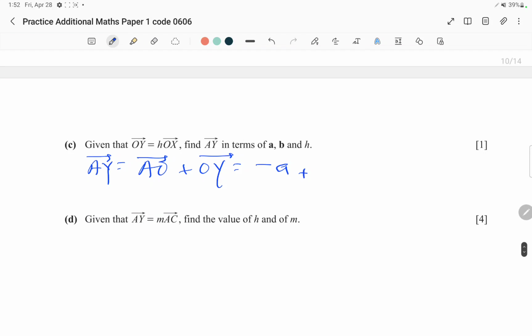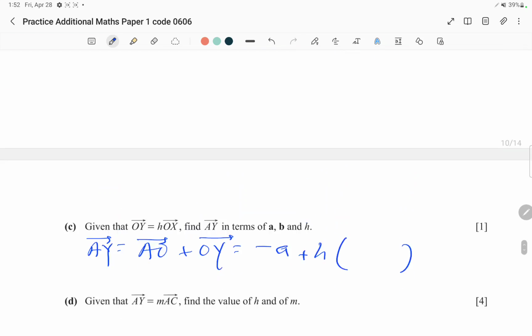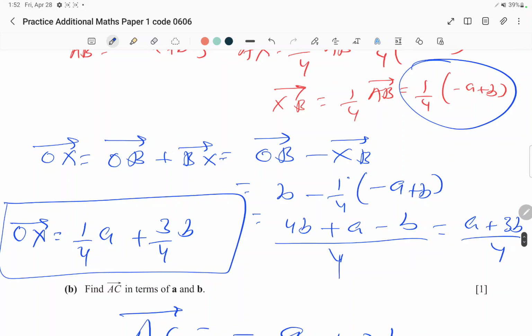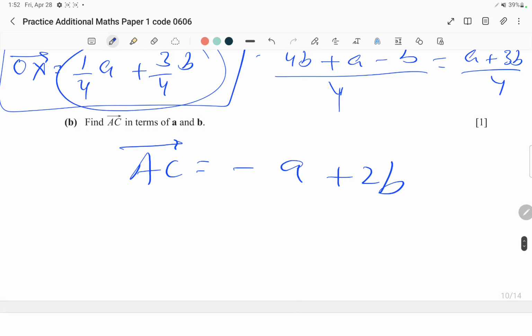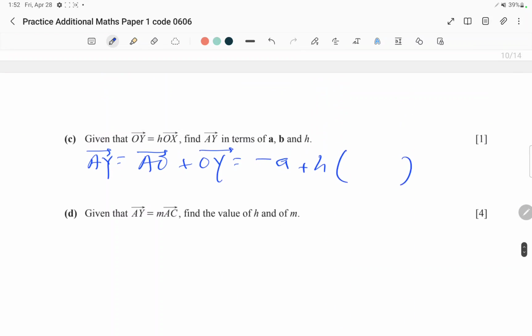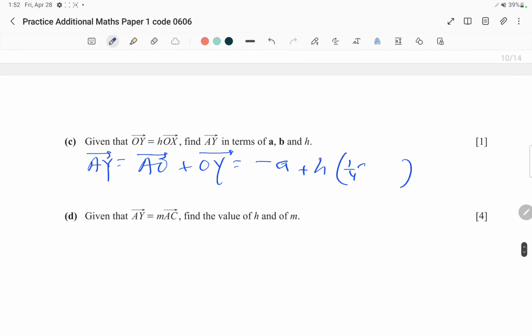So this is minus A and OY is H times OX. OX, I think we found. Yeah, this is OX: 1 over 4A plus 3 over 4B.